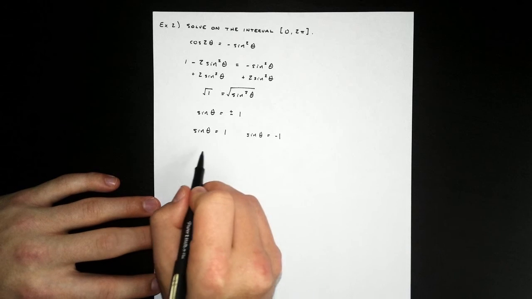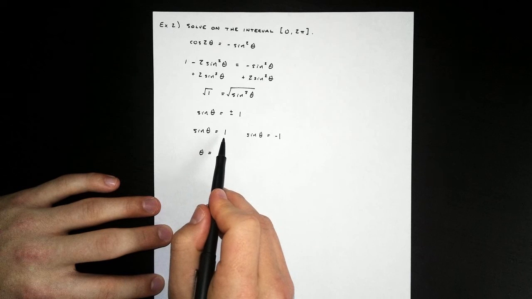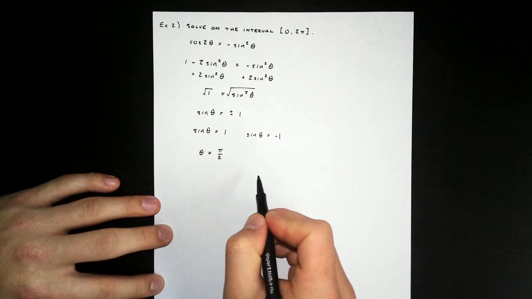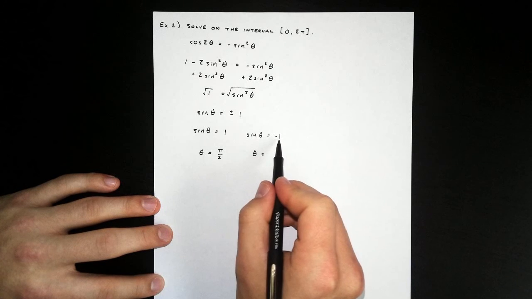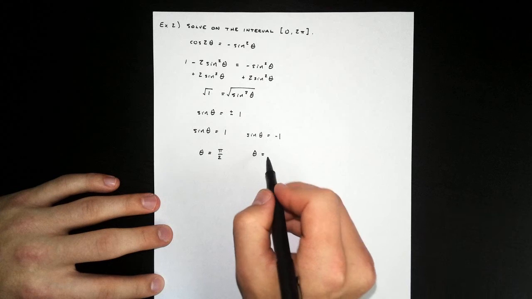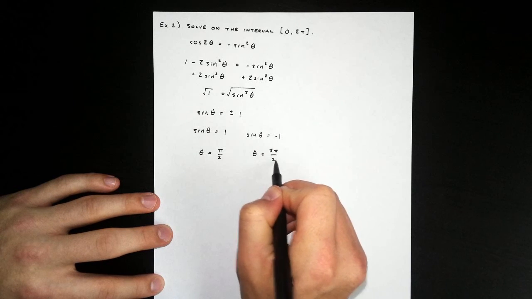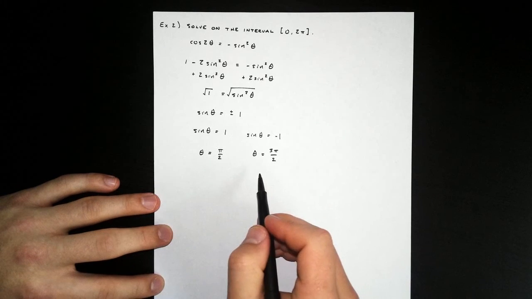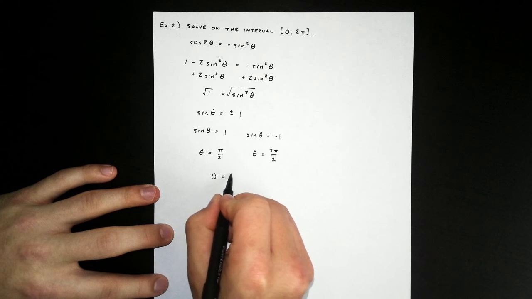So our options here: sine is equal to 1 when theta is pi over 2, and sine is equal to negative 1 when our angle is 3 pi over 2. And there's our 2 answers. Let me just combine those together.